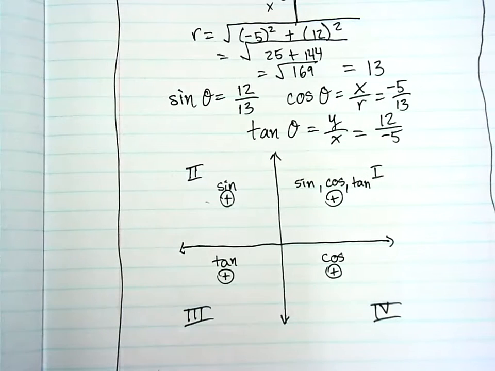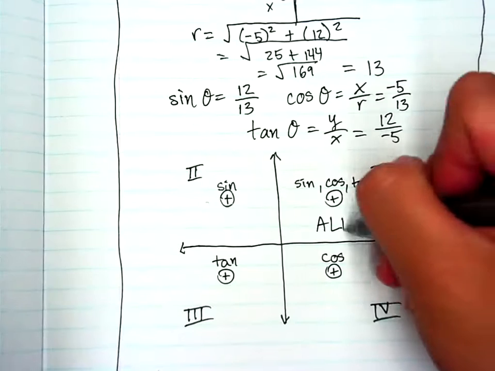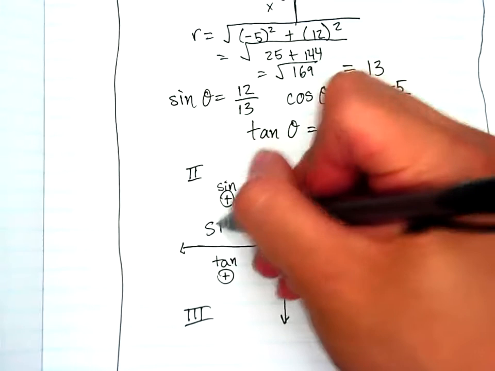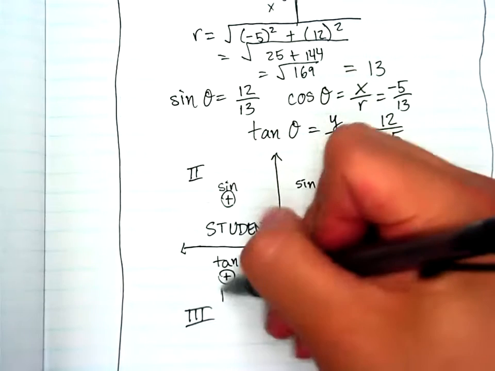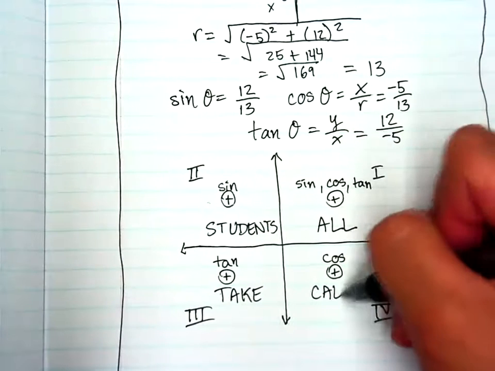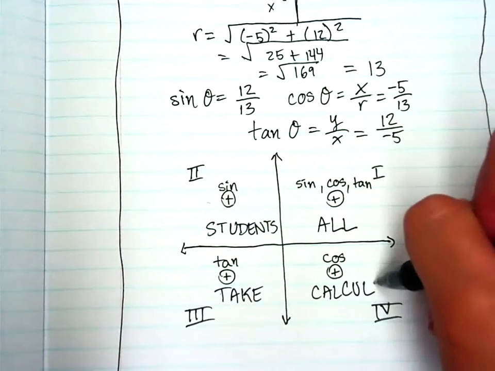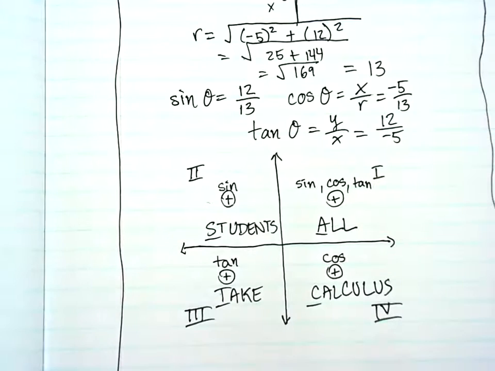Now there is a little trick to remember this. This one is all. This one is students. Take calculus. And you will all take calculus. So all students take calculus. And now how does that help me?